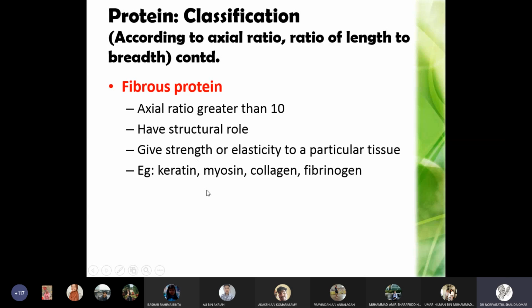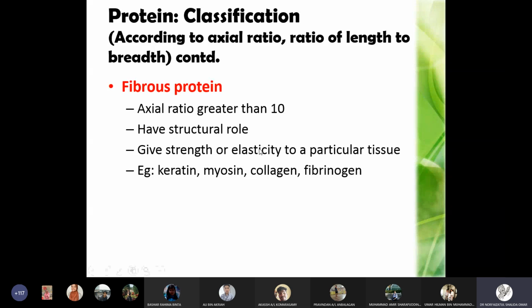I think there are no enzymes that are in this fibrous protein. Mainly the ones that you find in the synovial fluid, in the skin, like collagen, okay, fibrinogen, and the keratin in hair. They give the strength or elasticity to a particular tissue.